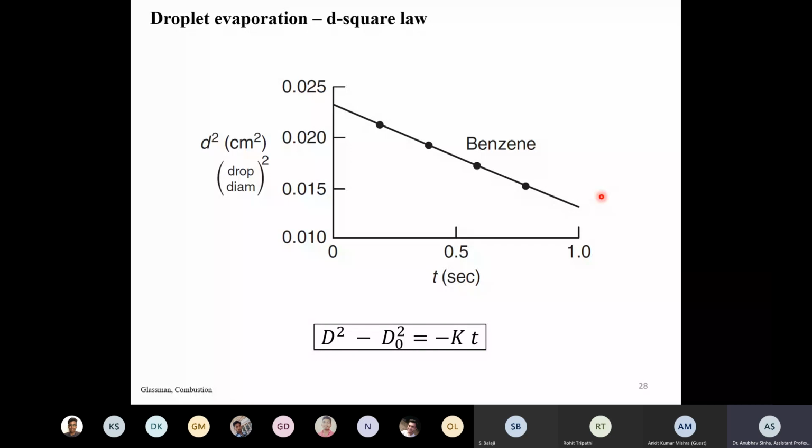The droplet diameter is decreasing because fuel is burning and evaporating, so the droplet becomes smaller and smaller, and d square falls on the same line. This is called the d square law. Is this plot clear to you? Any questions on this plot?